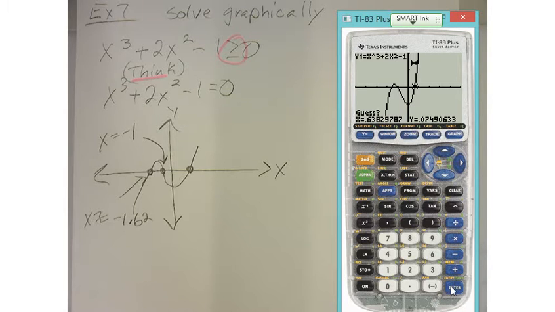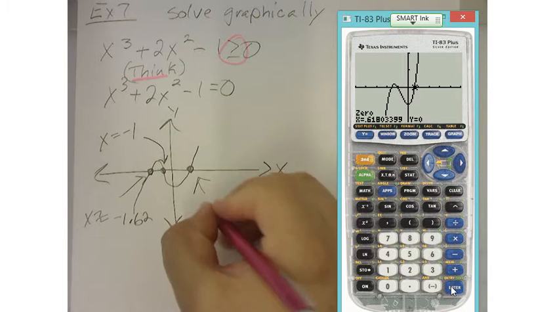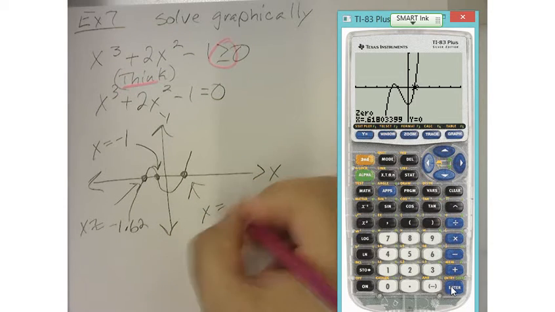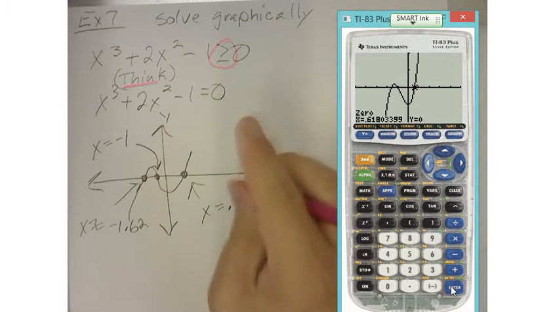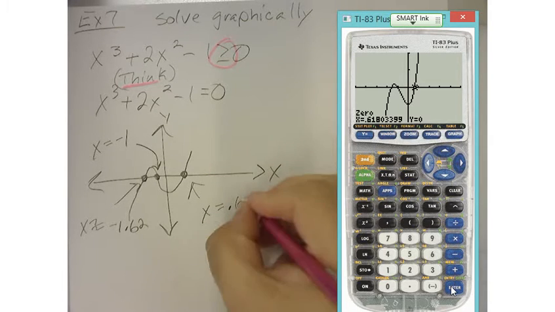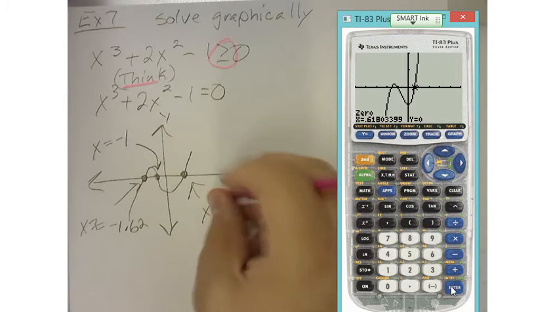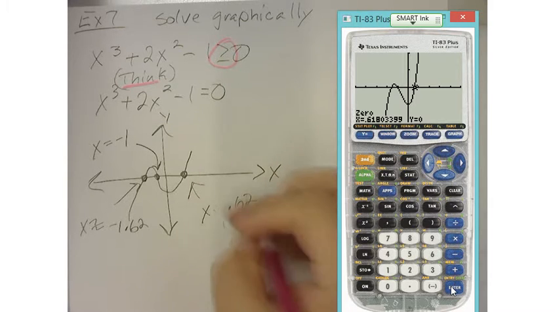Well, I guess that's the best I could do. My next x-intercept occurs when x is 0.61, or well, let's just make it 0.62, and we'll change this to an approximation symbol.